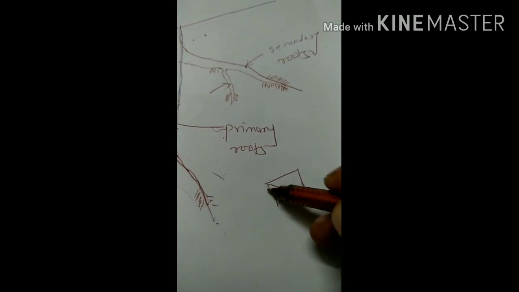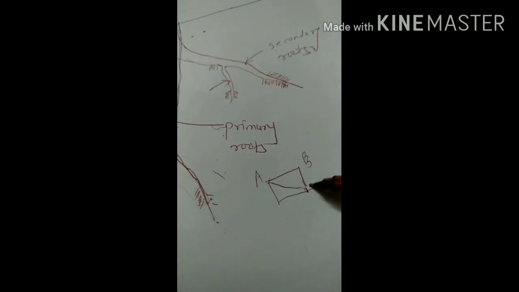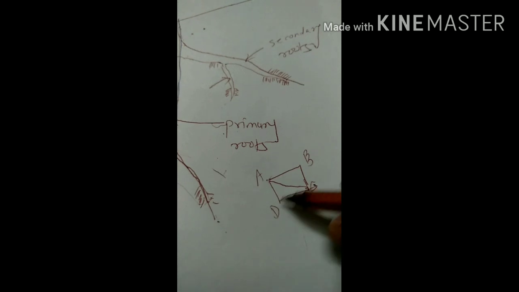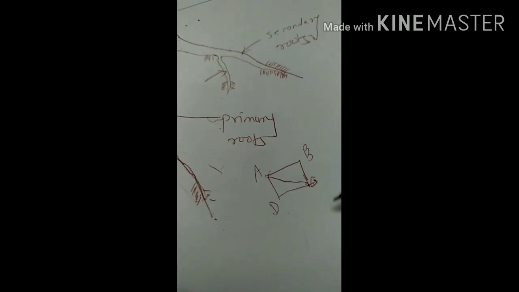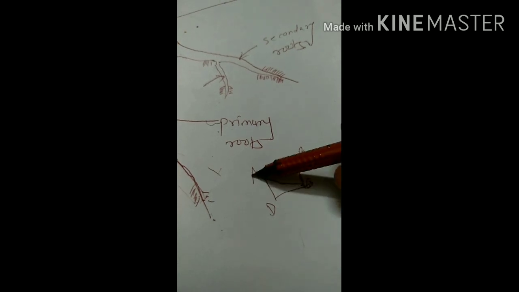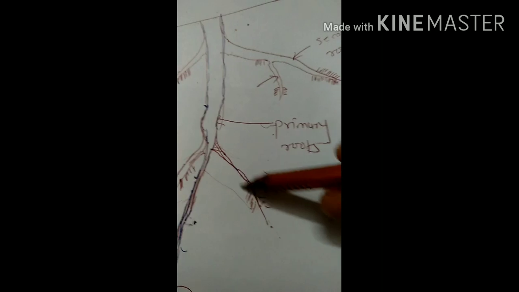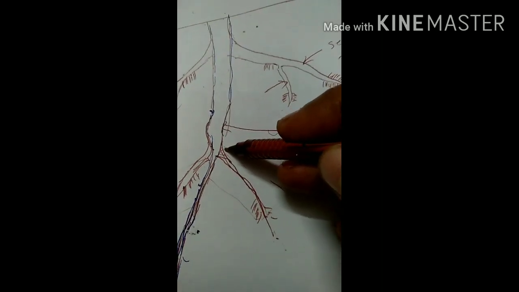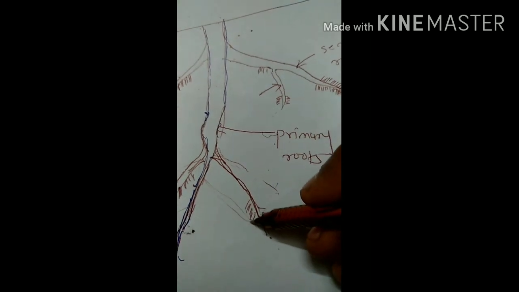The opposite vertices of the rectangle are joined together. This is a rectangle ABCD. Now opposite vertices A and C are joined together and diagonal AC is formed. So these roots grow diagonally from the primary root. They are also called by another name, lateral roots.